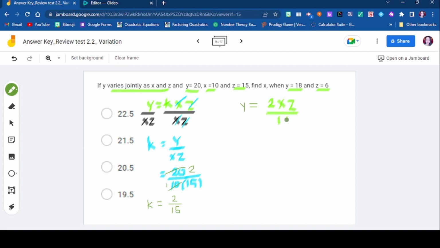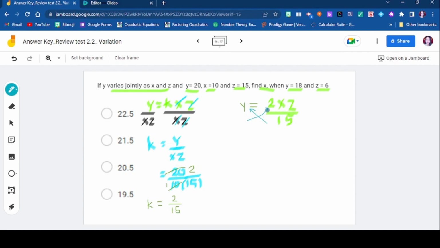Now, it says here we need to find x. Oh, it is x, but look, it is y in here. So let us first find the formula of x for us to find the value of x. Let us use the cross product again.